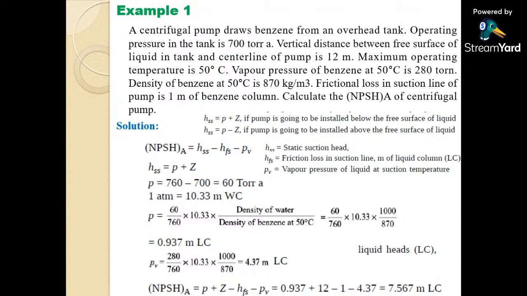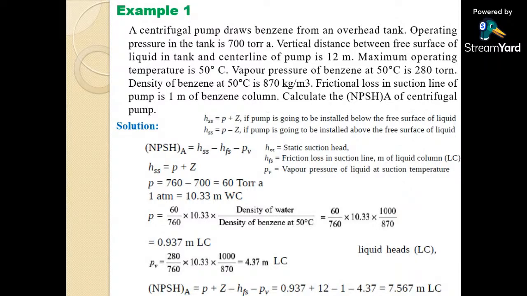So you get HSS by using equation 2 and that value needs to be substituted here to get the available NPSH. Now P is 700 torr, Z is 12 meter. Later on we will calculate the value of the pressure. Because pressure is 700 torr, whereas PV is 280 torr.